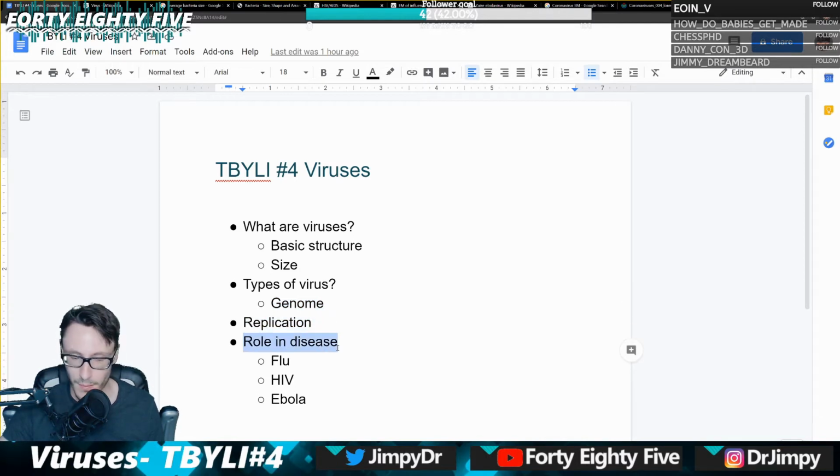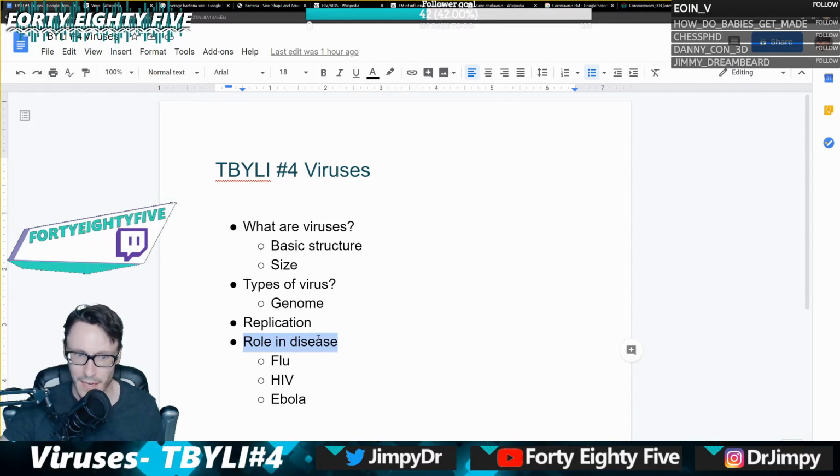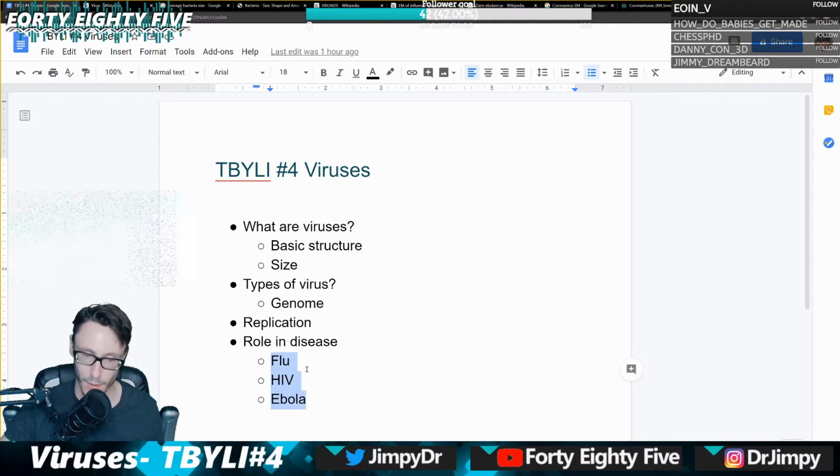And we'll talk about their role in disease, which is going to be familiar to a lot of people. I've got some examples of 3 different types of viruses that cause different types of diseases, which you should have all heard of. One being influenza, one being HIV, and the other one being Ebola. I didn't want to talk about the COVID-19 causing virus because, frankly, I think everyone's had a bit too much of that. But the majority of what we're going to talk about today applies to that virus as well. So it's not too different.